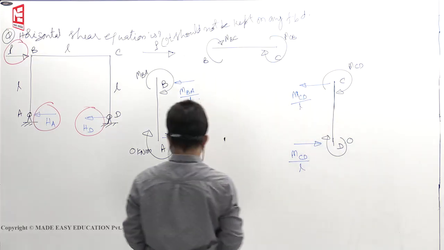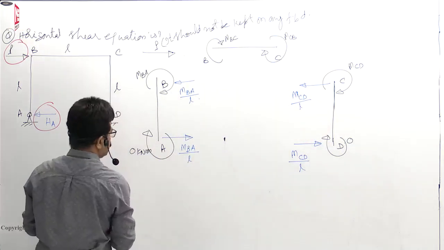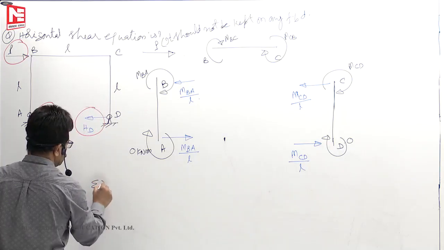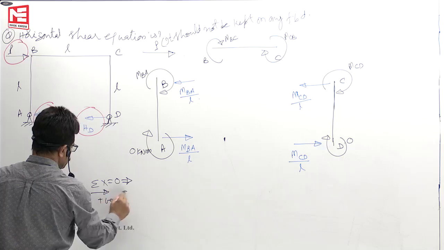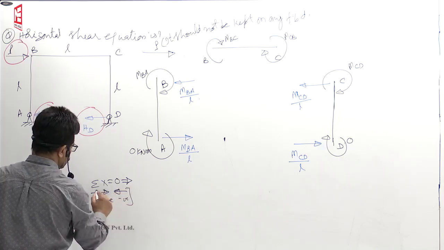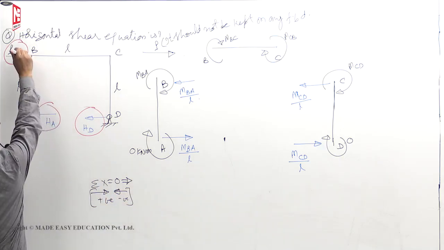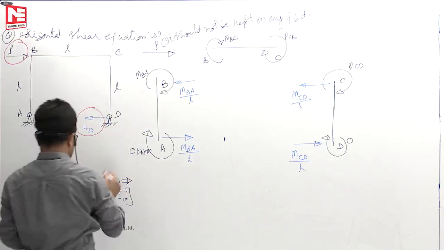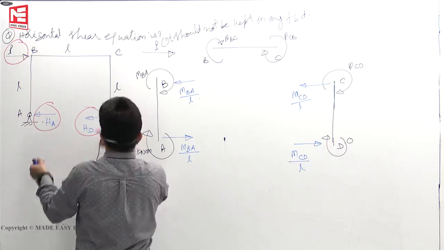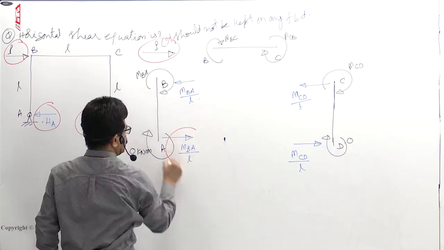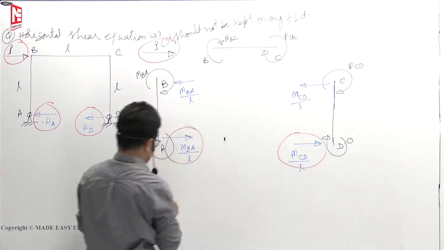MCD by L. Now, your horizontal shear equation is sigma x is equal to 0. Right side force is positive, left side force is negative. We have to take all the red color: P, HA, HD. Here P means this P we have to show. This is HA, this is HD.